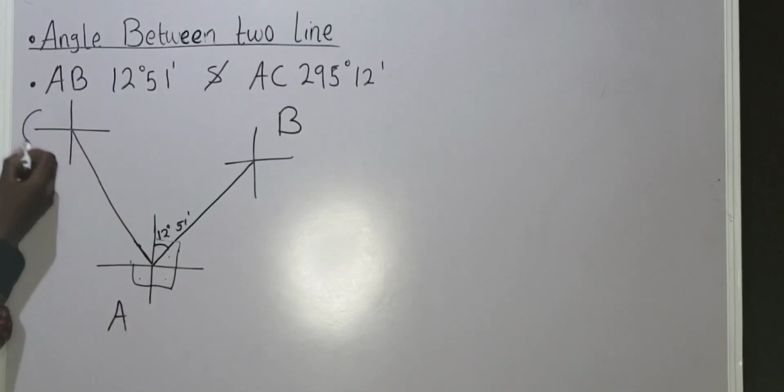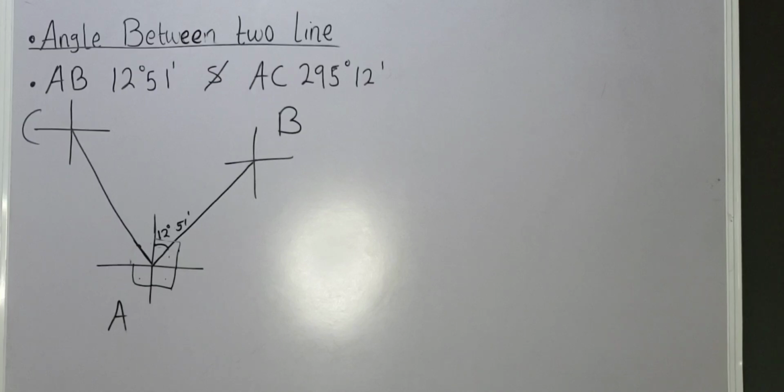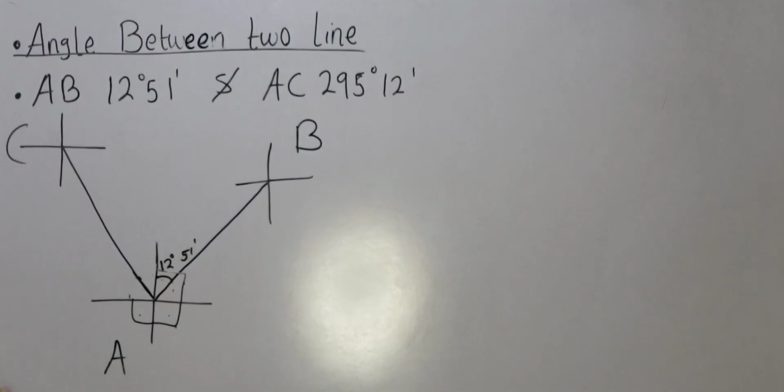So this is C. Please, do you understand how I got the diagram? If you didn't understand, you can pause the video and watch it again. Okay, now let us proceed.